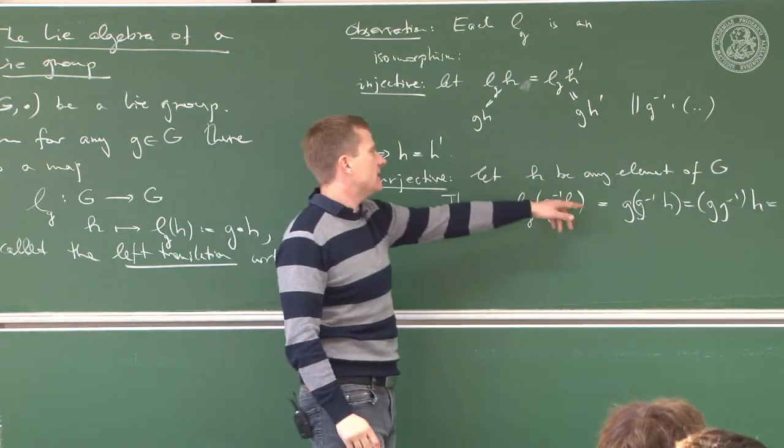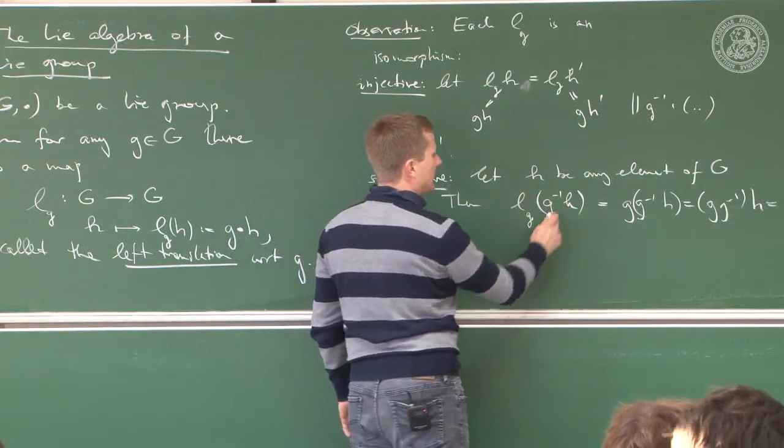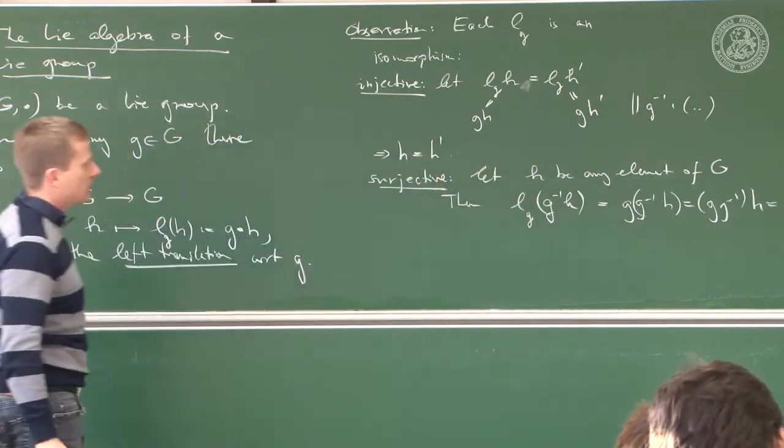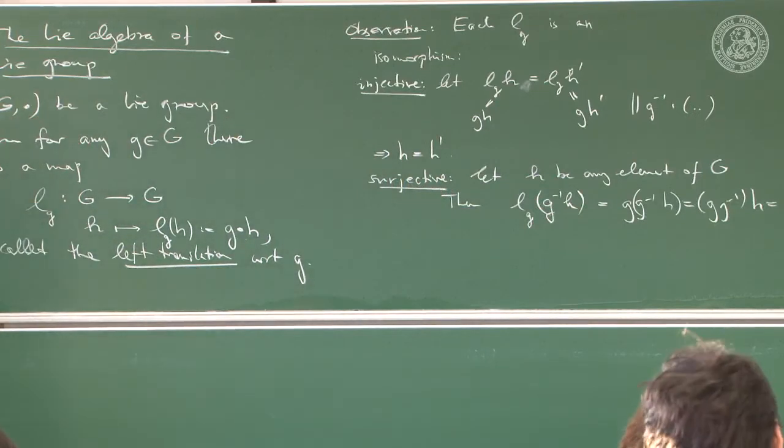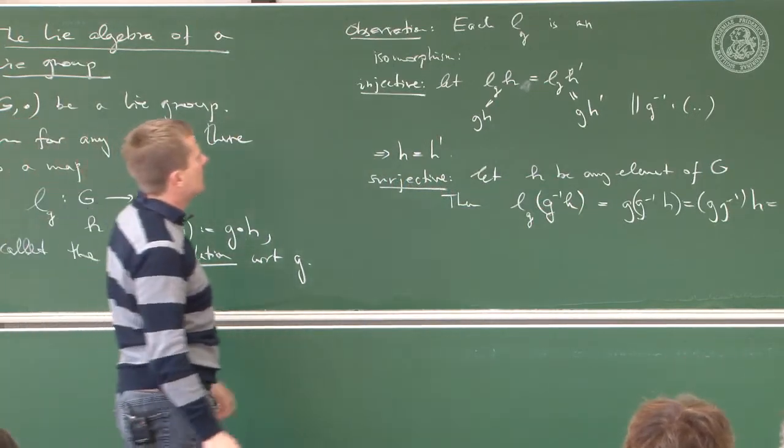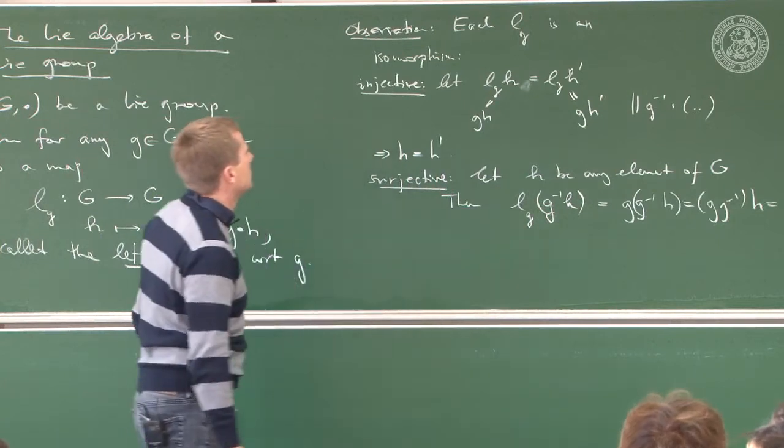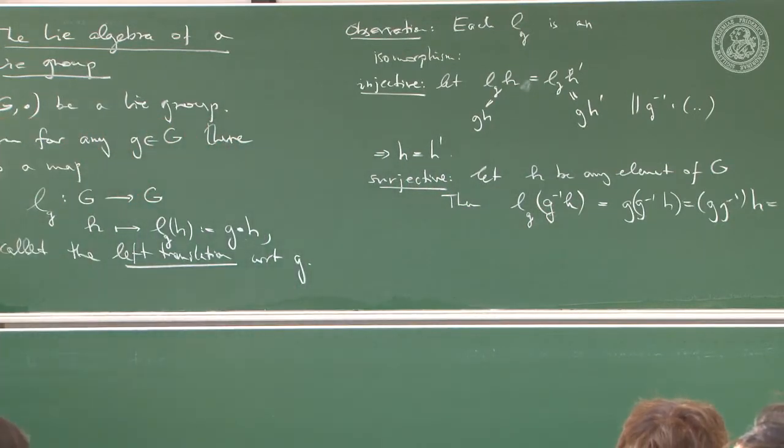So we hit any element of the target by L_g, namely starting from g inverse h. So this is an isomorphism of the sets.